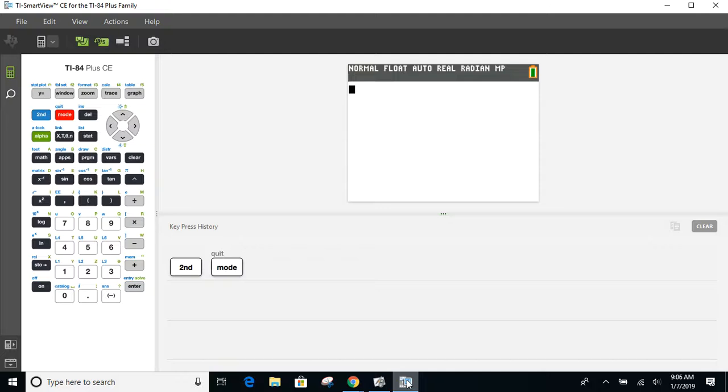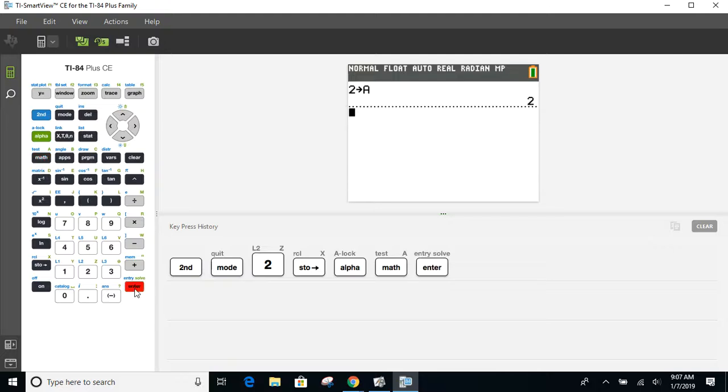All right. What we're going to do right now is we're going to store in A, B, and C values into the calculator. What was my A value? 2. So I'm going to tell the calculator, everyone ready? 2, store button right here above the on button. Store it in for what variable? A, which is right above the math. So alpha math. Store it in for A. Enter. What about my B? What's my B value? -1.